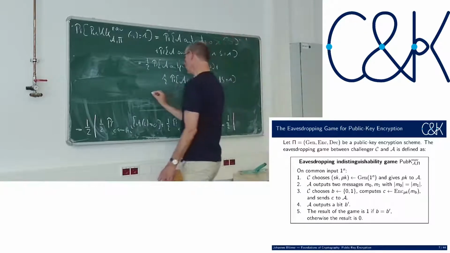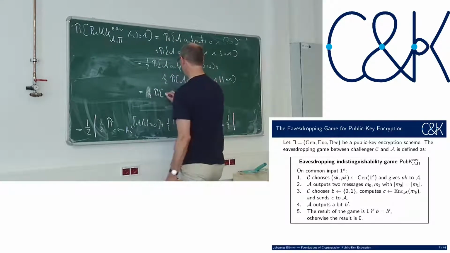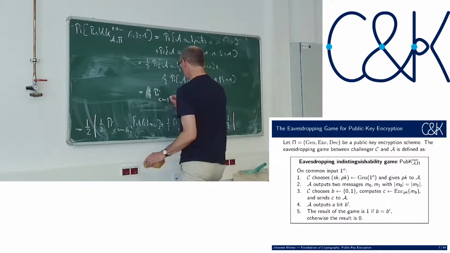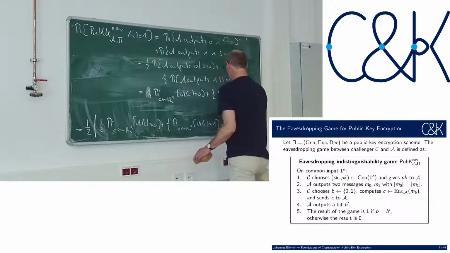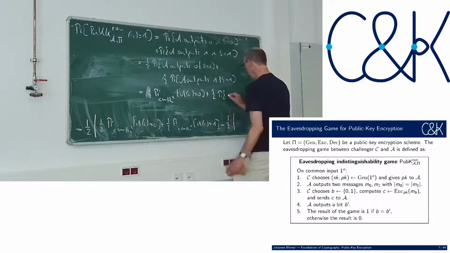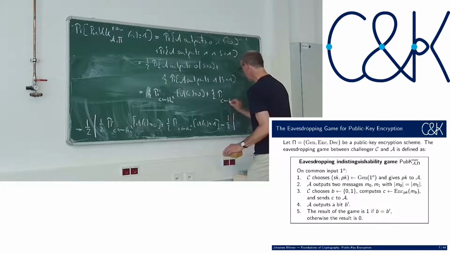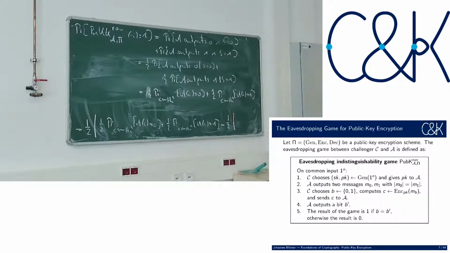So this is really the probability 1/2 times the probability of A on C is 0, with C according to HN2, plus 1/2 the probability A of C is 1, with C according to HN0.